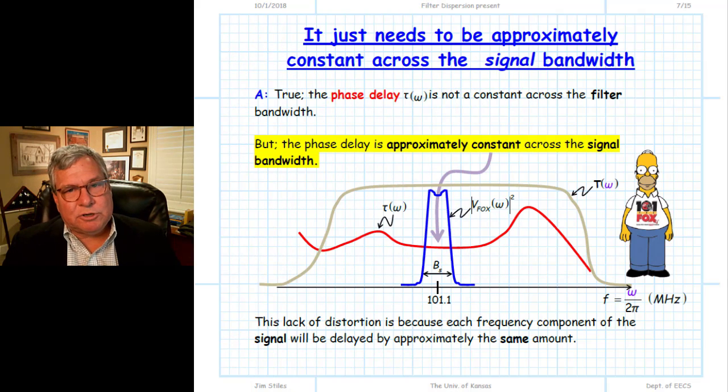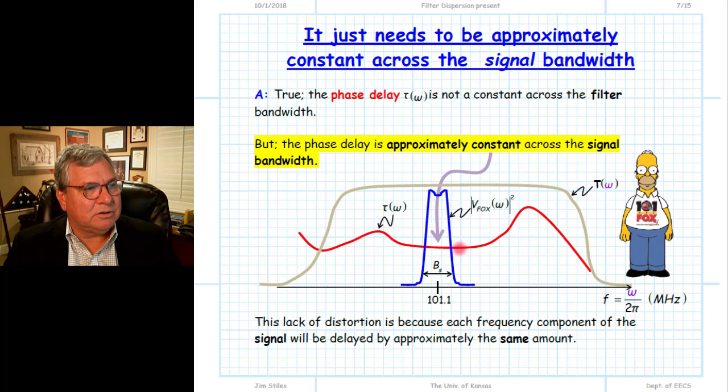Well, the reason that dispersion is not a problem is because if we look at the delay across the signal bandwidth, not across the filter bandwidth, but across simply the signal bandwidth, we see the delay is approximately constant. The delay for a sinusoidal component at the low end, let's say 101.0, is going to have the same delay as a spectral component at 101.2 on the high end. The delay is the same across the entire signal bandwidth.